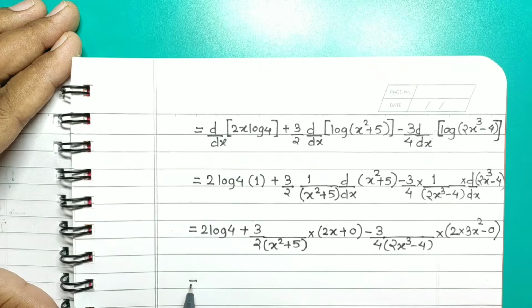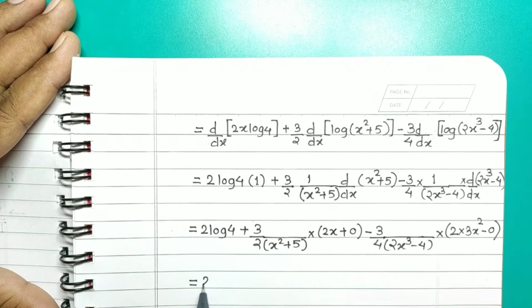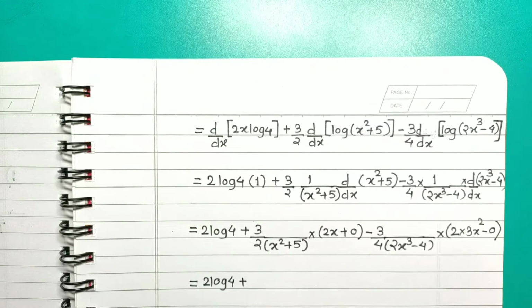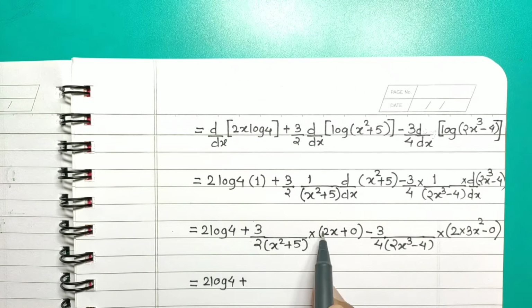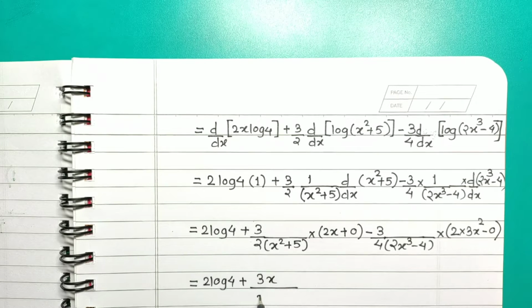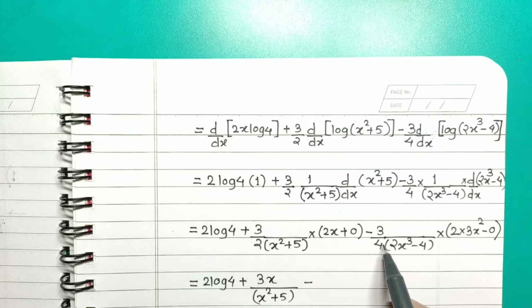Therefore, this is 2 log 4. This 2 gets cancelled here. So we have 3x upon x square plus 5, minus, here 3 by 4 into 2 is 3 by 2, so 2 upon 4 is half and 3 into 3 is 9.